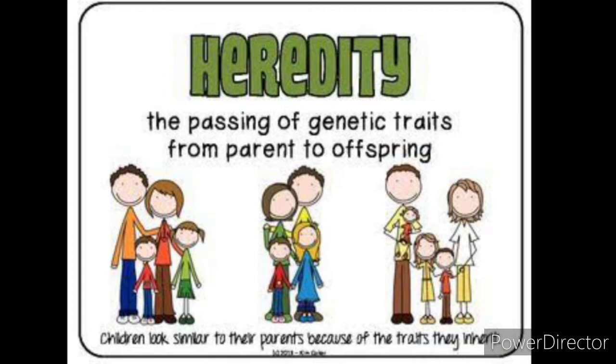This is because of the genes that we inherit from our parents, right? So these genes are responsible for the physical outlook, for the physical appearance, and also for the biological functions that take place inside our body. There is a branch of biology that deals with what is genes, what is genetic variations, what do you mean by heredity of the living organisms.